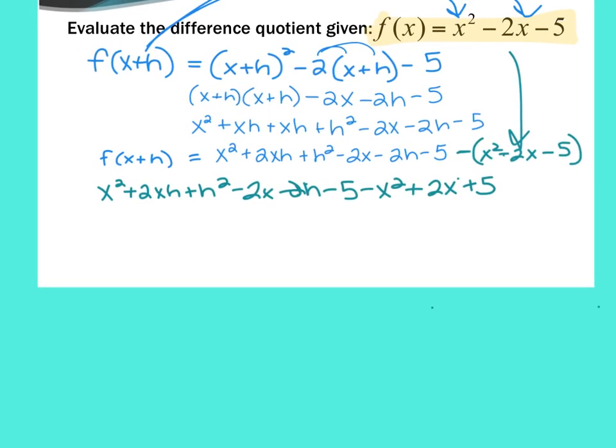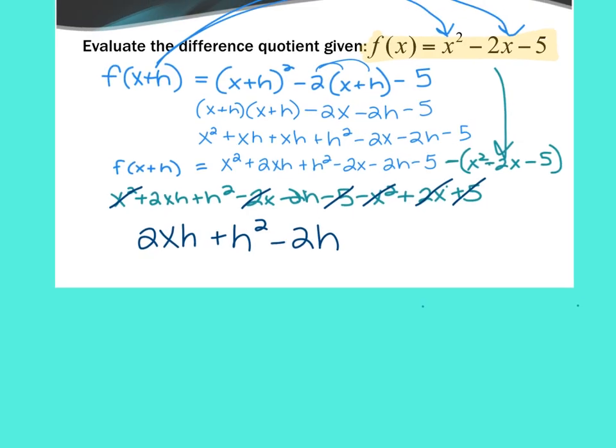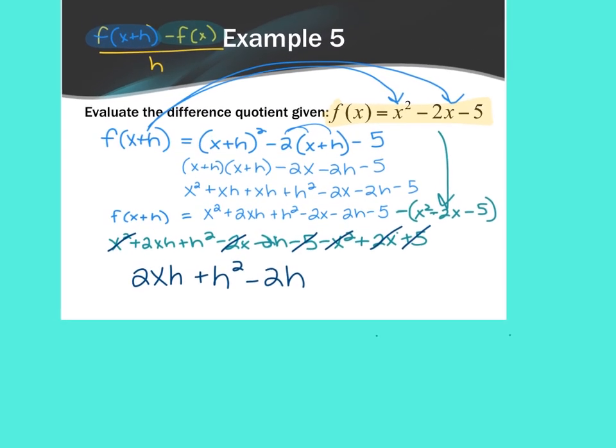Now I'm going to combine my like terms. I've got a positive x squared and a negative x squared. I've got a negative 2x and a positive 2x. And I've got a negative 5 and a positive 5. So what's left is 2xh plus h squared minus 2h. What's the last part of the difference quotient?